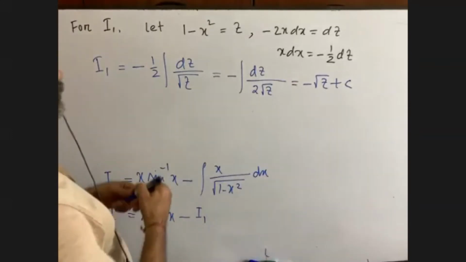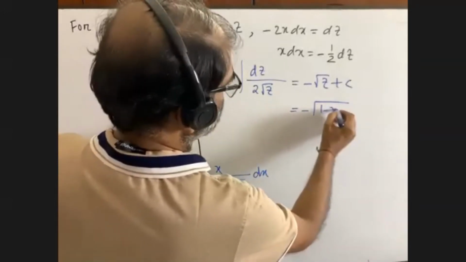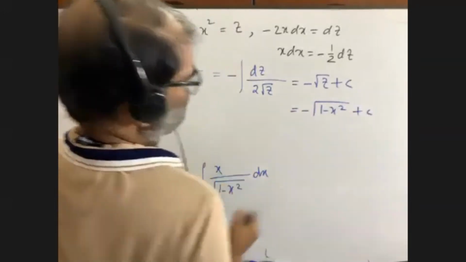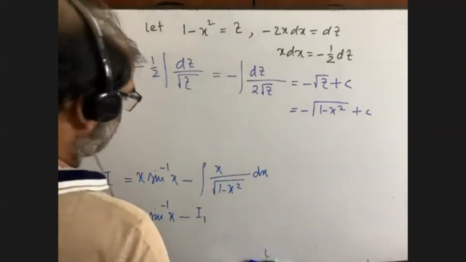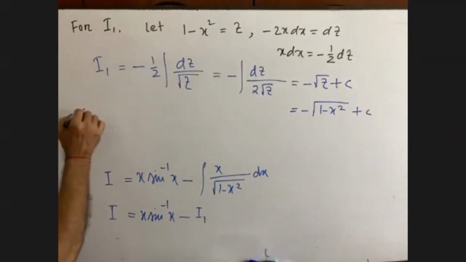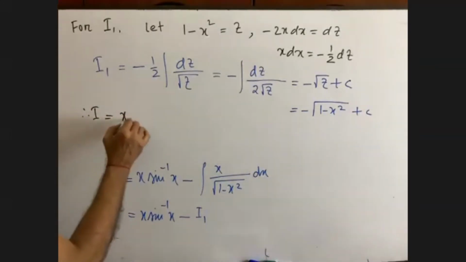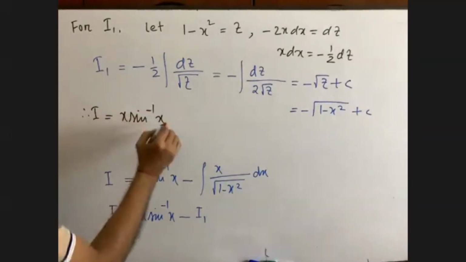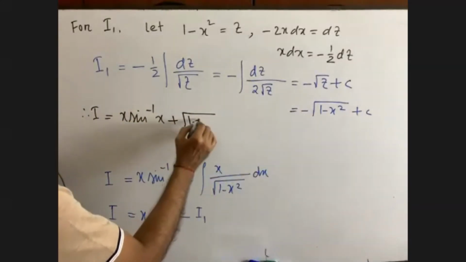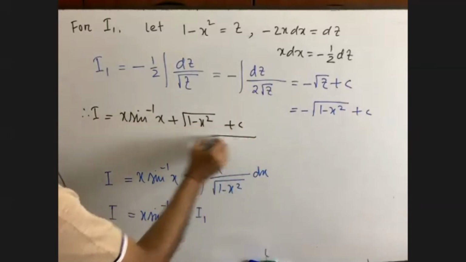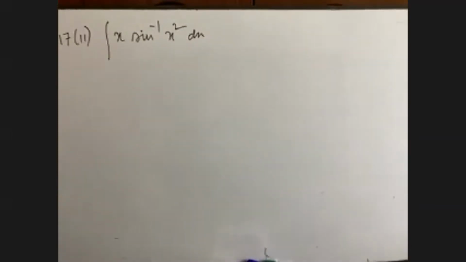What is the value of root over z? Minus root over 1 minus x square plus c. Therefore I is equal to x sine inverse x plus root over 1 minus x square plus c. This is the answer.